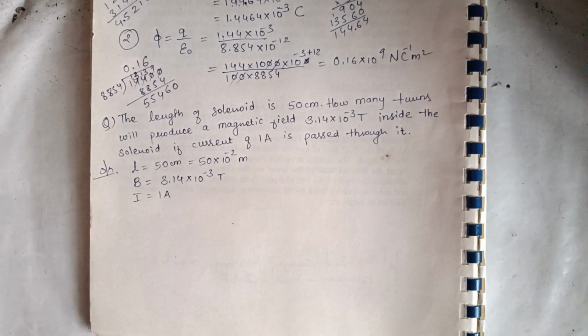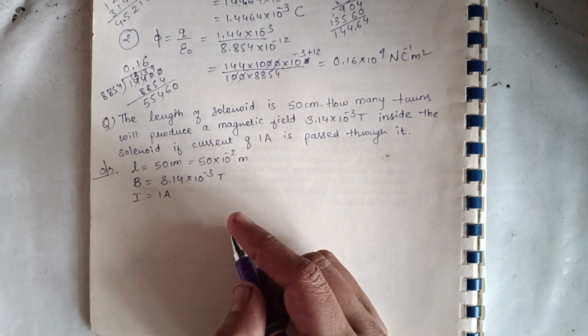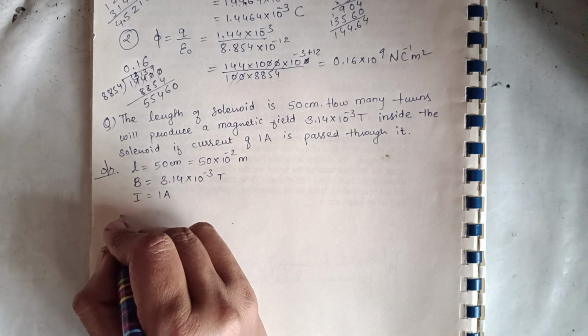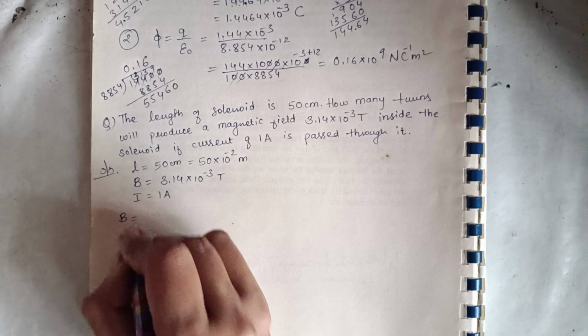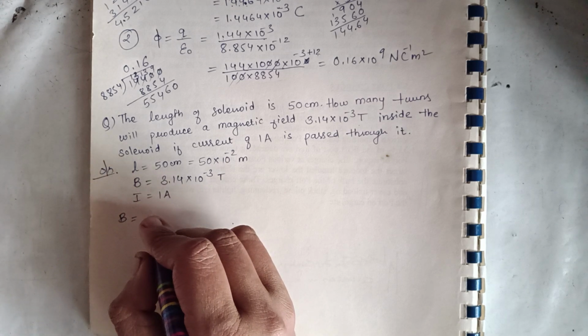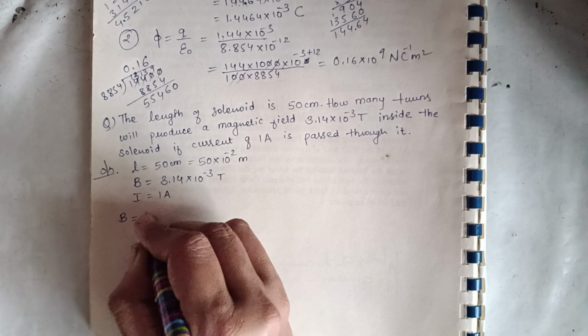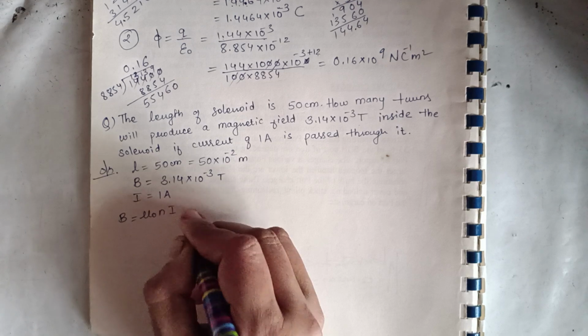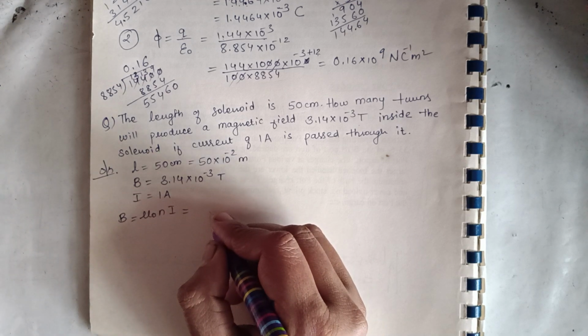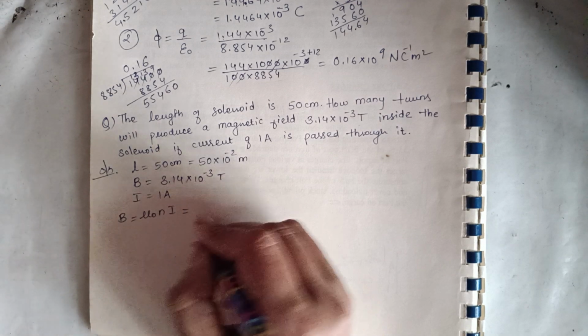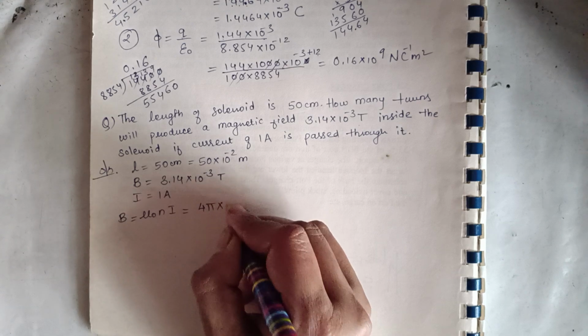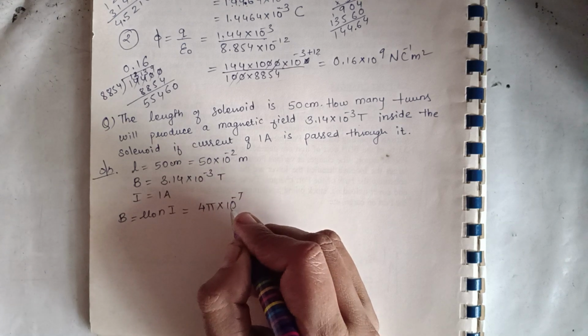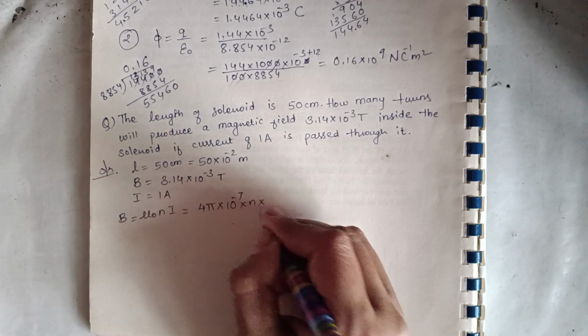Now first you have to find the number of turns. Using the magnetic field of a solenoid, B is equal to mu naught into n i. Mu naught is 4 pi into 10 raised to minus 7, n into 1.